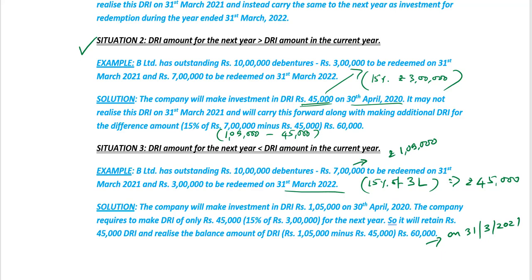So we've seen the three situations that will arise when we choose option 2. The first situation, the DRI amount for the current year is equal to the DRI amount for the next year. Situation 2, DRI amount for the next year is greater than the DRI amount in the current year. And situation 3, the DRI amount for the next year is less than the DRI amount in the current year.